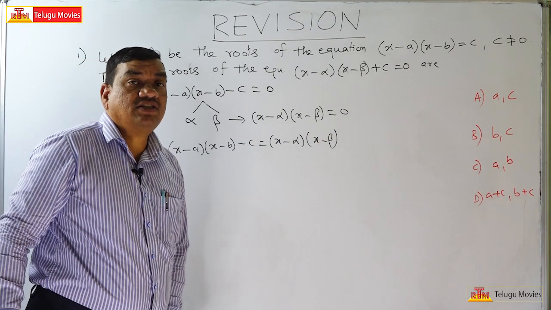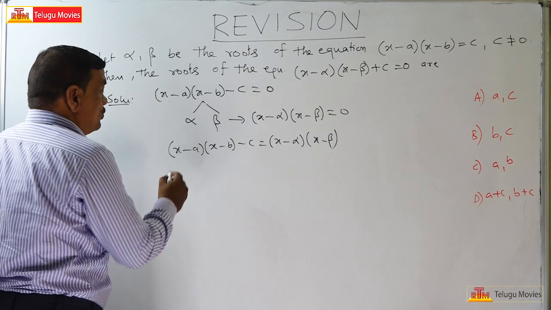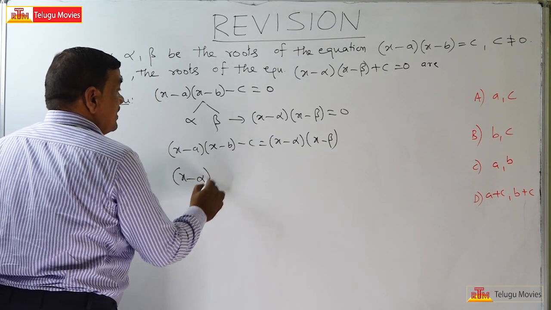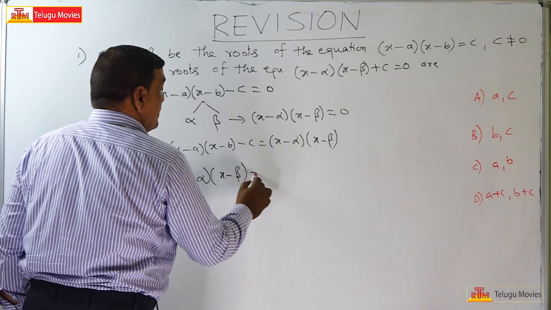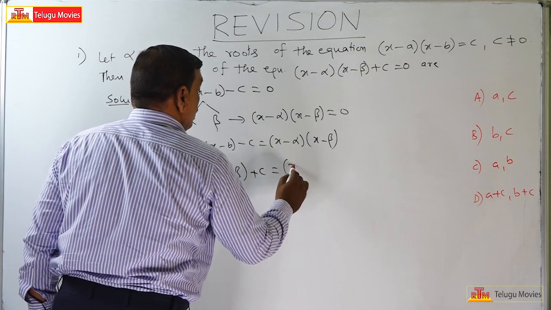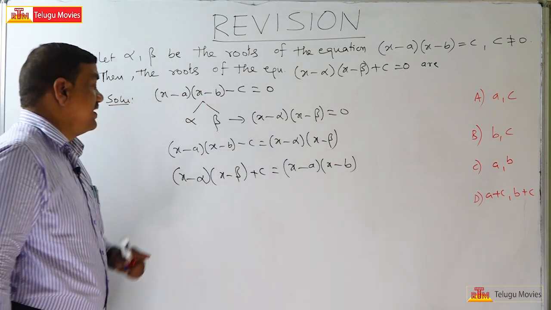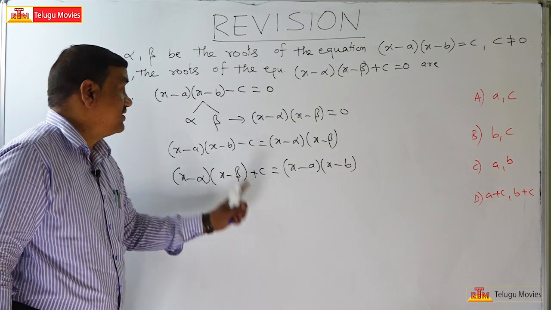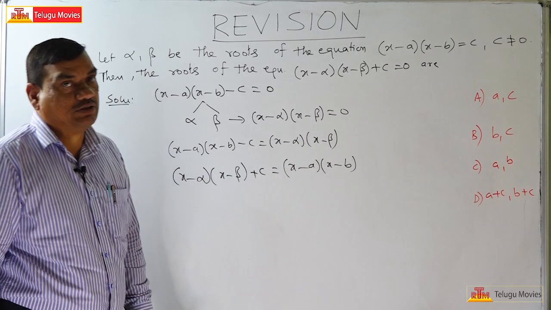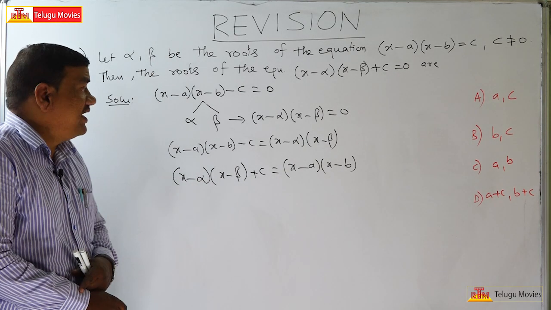Now, let us take minus c to the right hand side. Therefore we have (x minus alpha)(x minus beta) plus c is equal to (x minus a)(x minus b). What is the meaning of this?